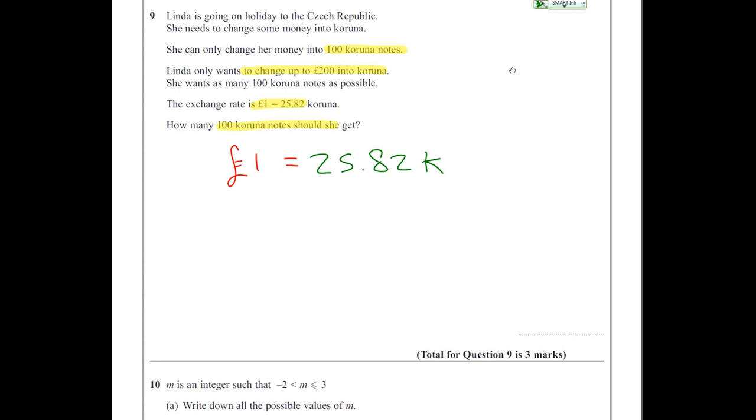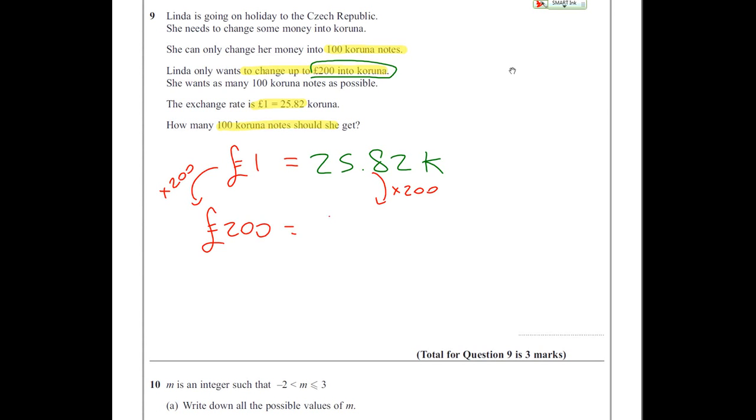Right, what we're going to do now is think she wants up to £200. So let's see what £200 changes into. And we get that by multiplying by 200. Okay, so in your calculator, 25.82 times by 200.